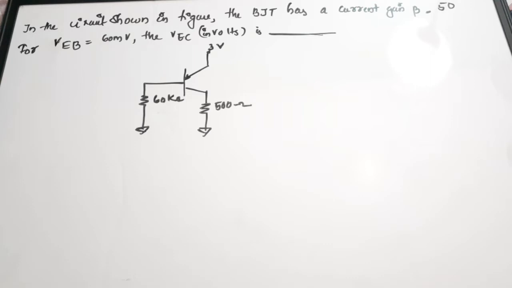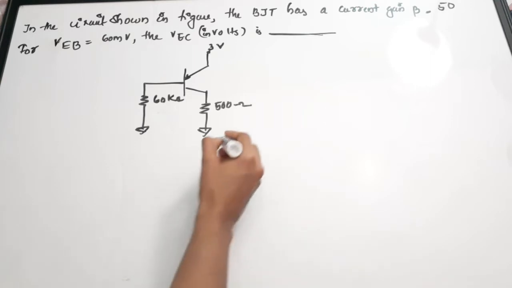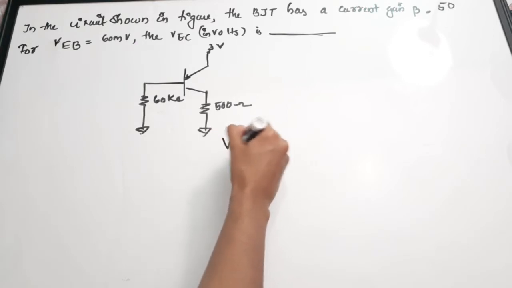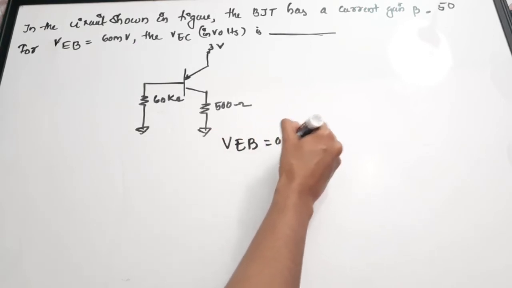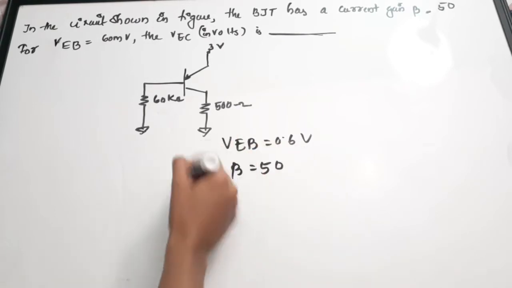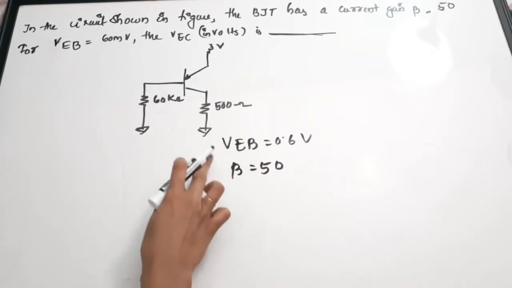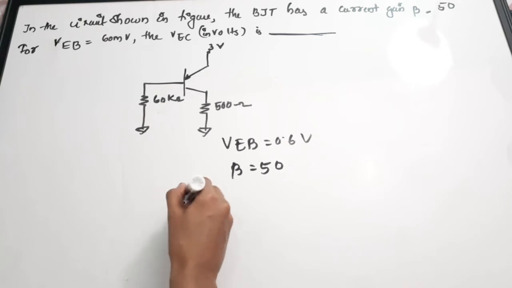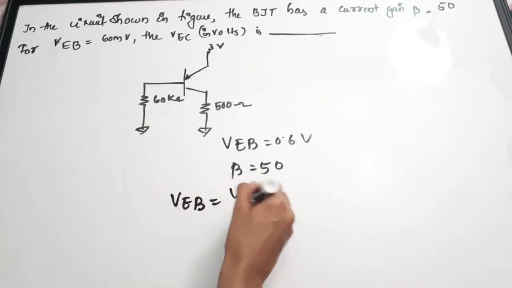In the question it is given that VEB equal to 0.6 volt. So you write the given details: VEB equal to 0.6 volt, beta equal to 50. From the given VEB, the emitter to base voltage, you can write VEB is equal to VE minus VB.